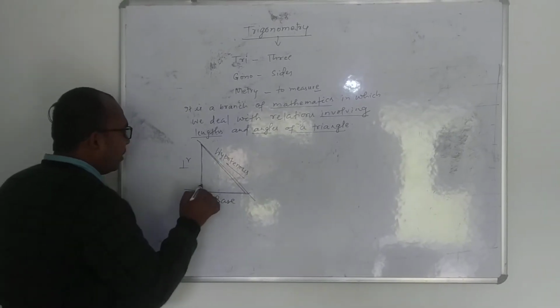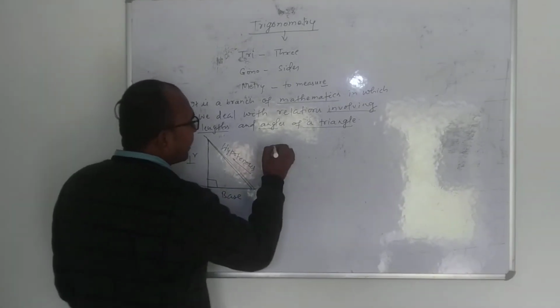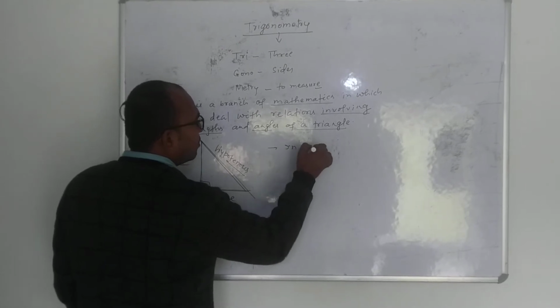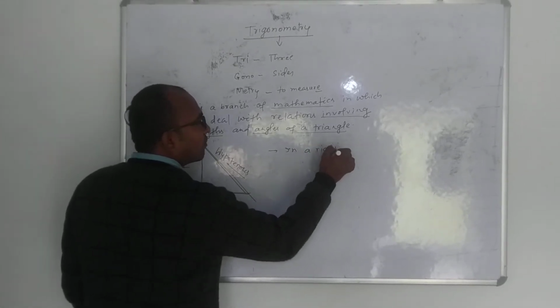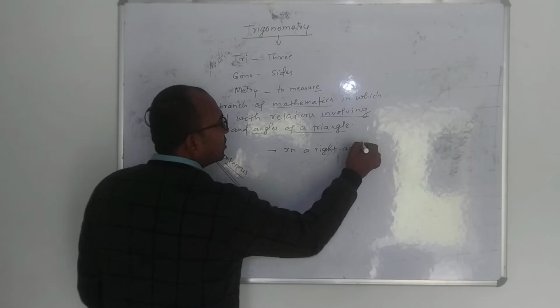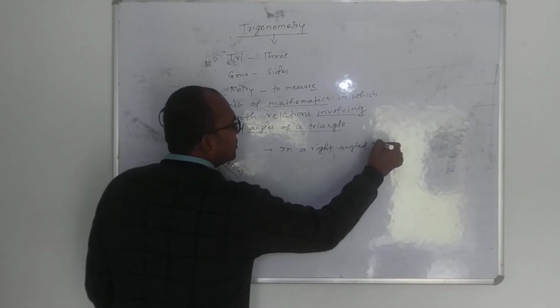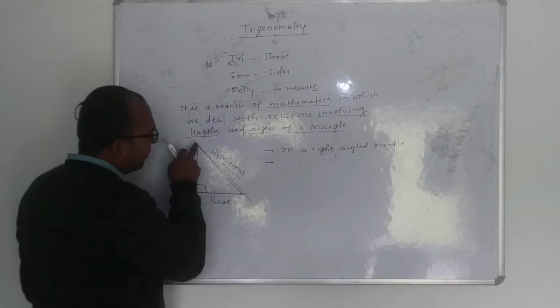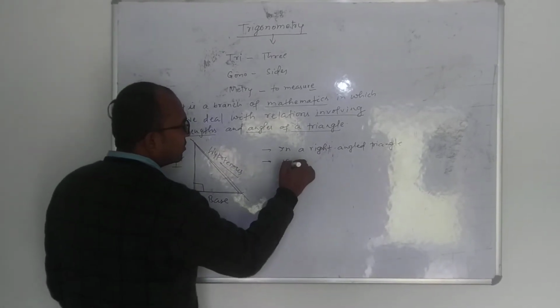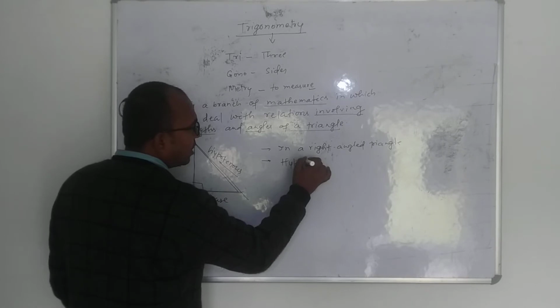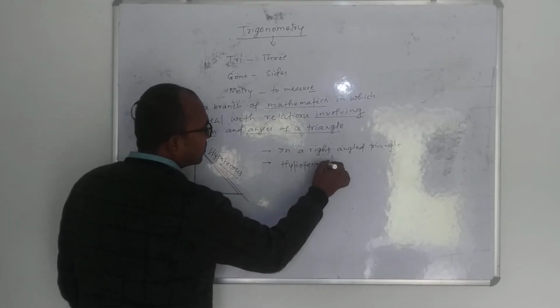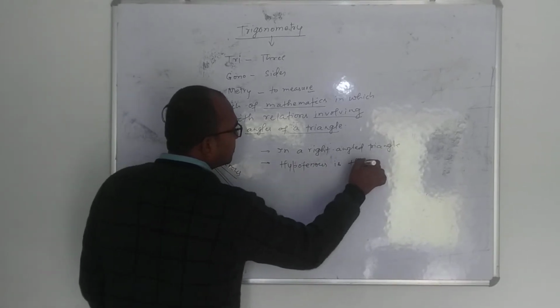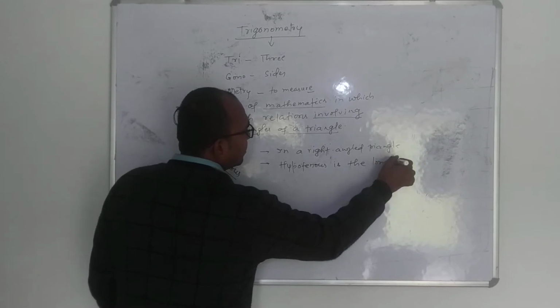And we know very well that in a right angle triangle, the hypotenuse is the longest side. We should remember it, students. Hypotenuse is the longest side.